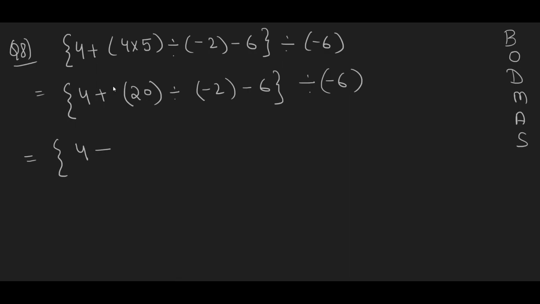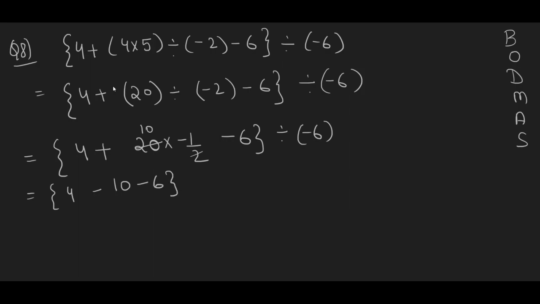So 4 plus 20 divided by -2. So this will be 20 into -1 by 2 minus 6 divided by -6. So 4 plus, this will be 2 1s are 2, 0, and 10 will be -10, minus 6 divided by -6.